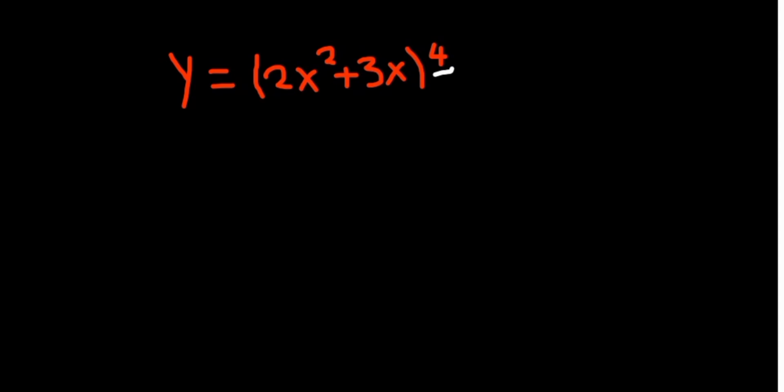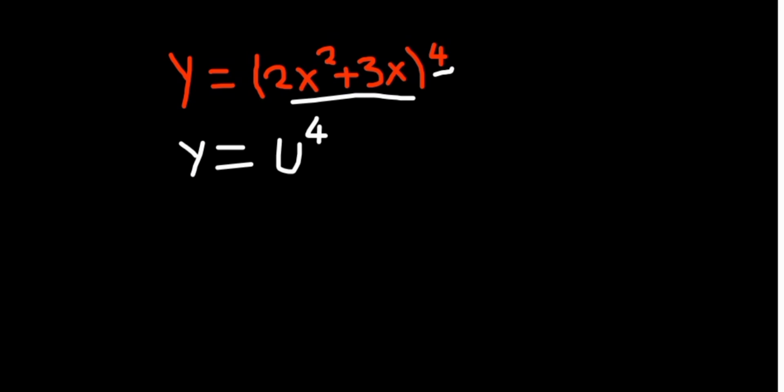According to the chain rule, you're supposed to write what's inside the brackets as a certain variable, which in this case I'm going to call u. So I'm going to use u, then raise it to the power of 4.